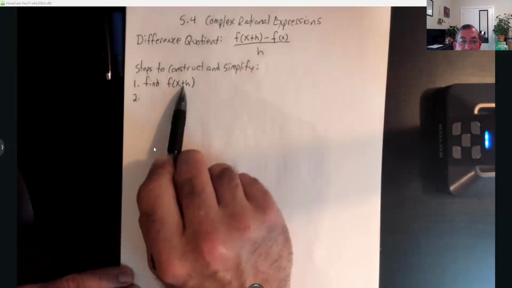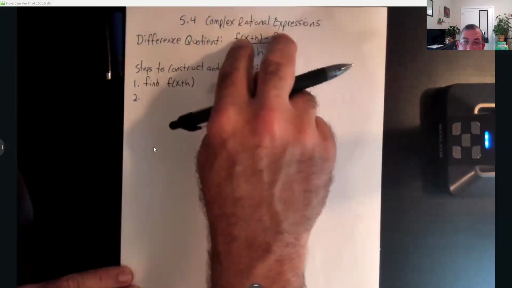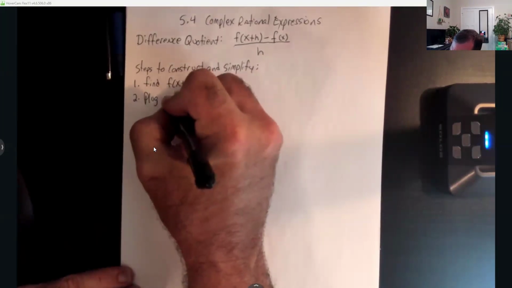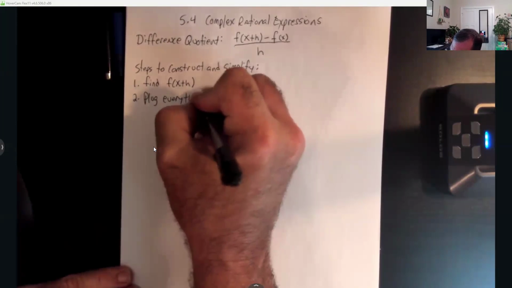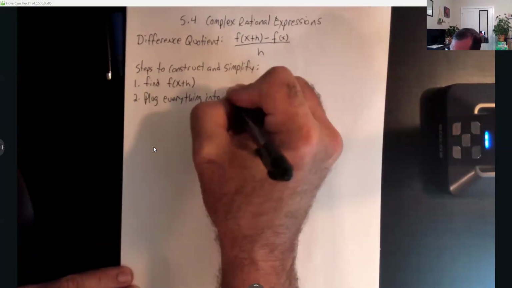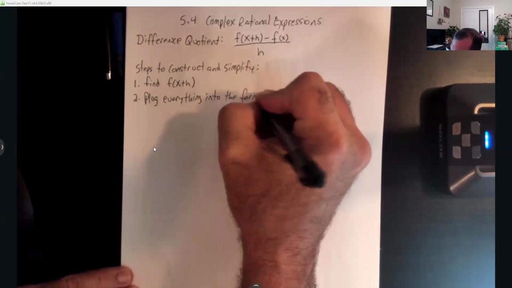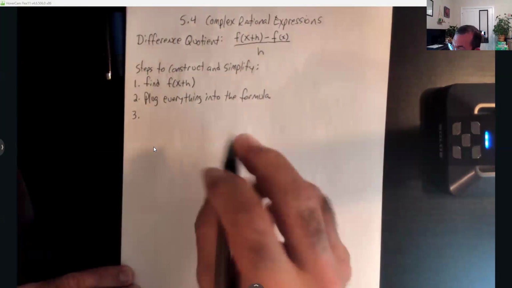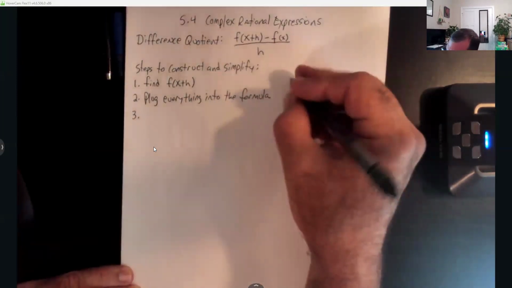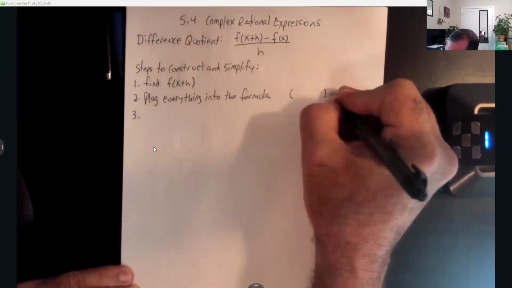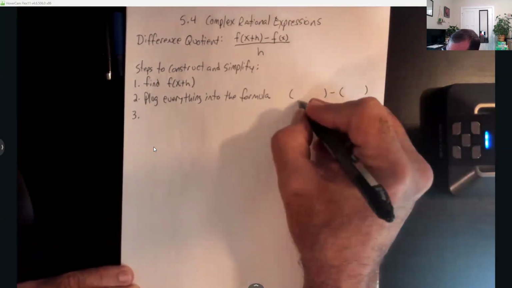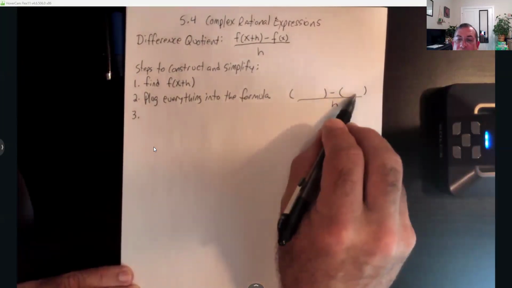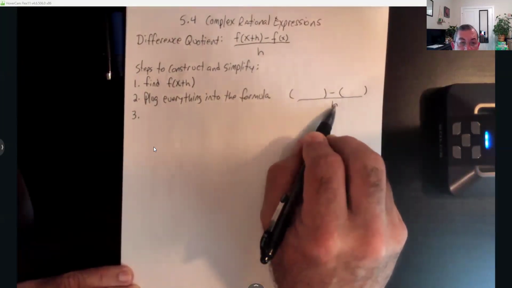Okay, once we find f of x plus h, we're going to plug everything into the formula. And when I put them into the formula, I'm going to be using my parentheses, okay? I'll put my f of x plus h here, my f of x here, and it'll have the h on the bottom, okay?